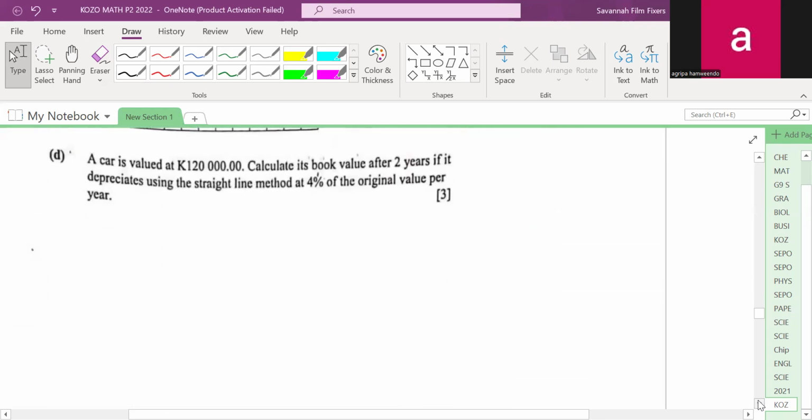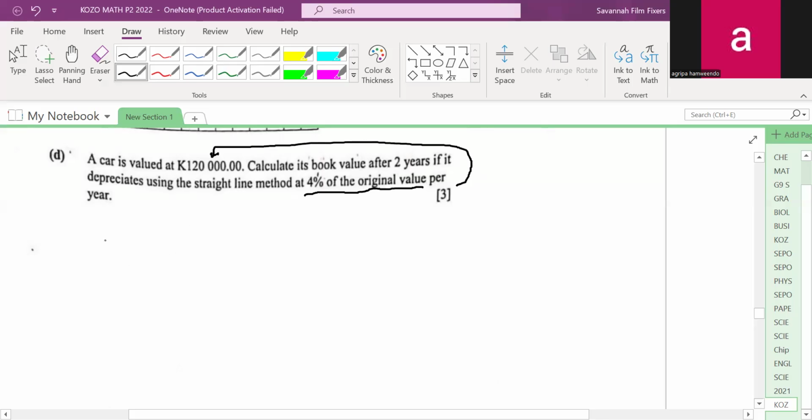So D, they are saying a car is valued at 120,000 kwacha. Calculate its book value after 2 years if it depreciates using the straight line method at 4% of the original value per year. So it's depreciating at 4% per year of the original value.